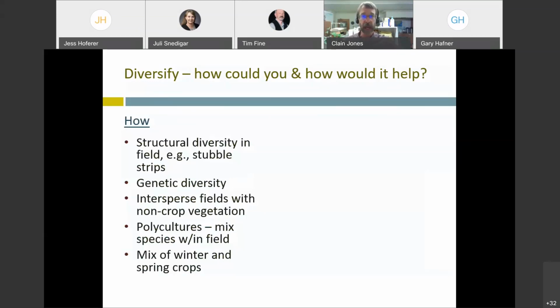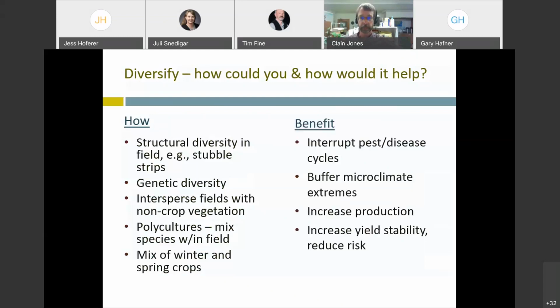Especially flowering plants that can attract, say, parasitoid wasps that can end up killing wheat stem sawfly. Polyculture, so mixing species within the fields, with things like chickpea and flax being experimented with, growing mixed cover crops, and also mixing up winter and spring crops.